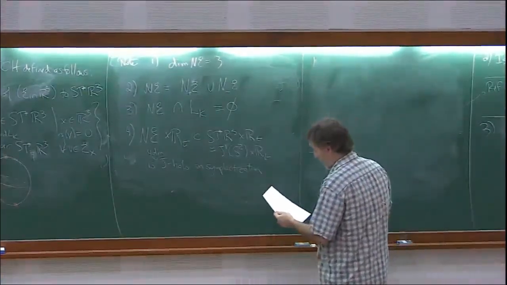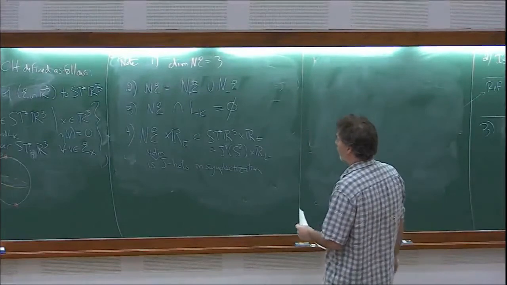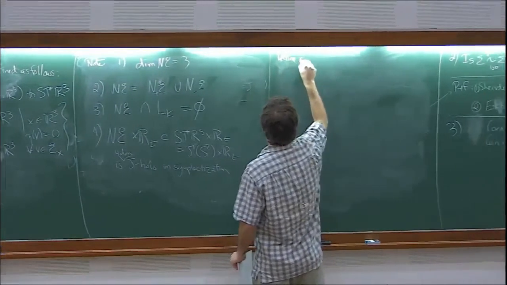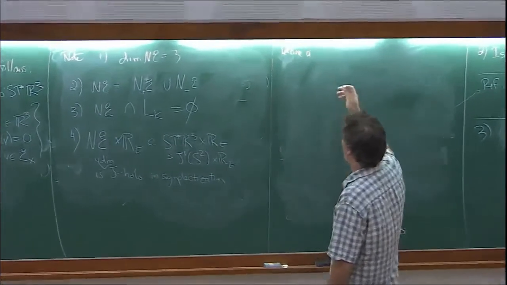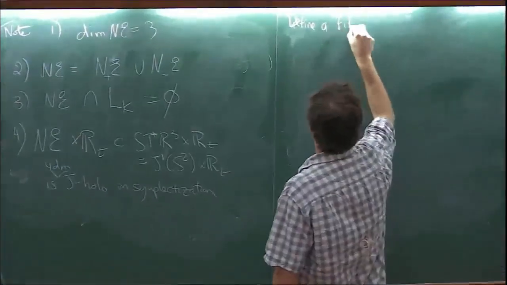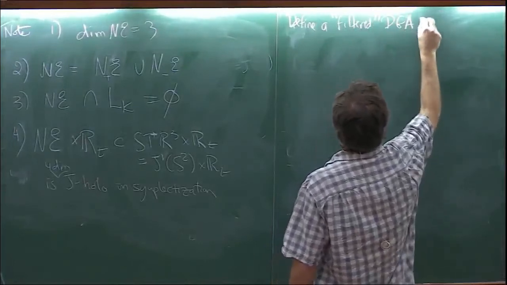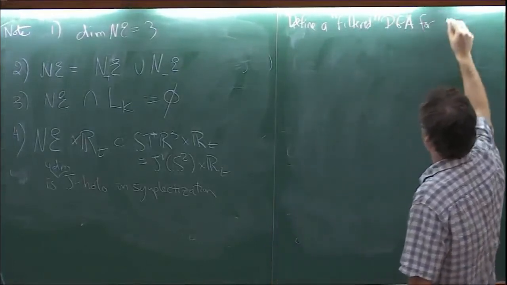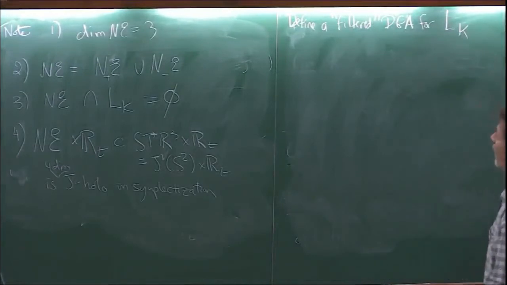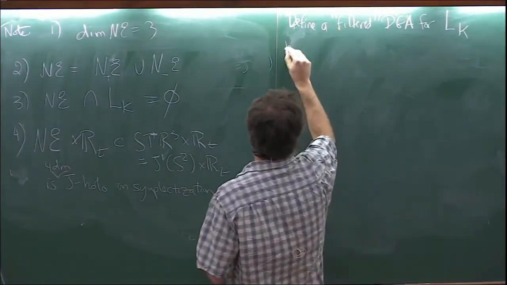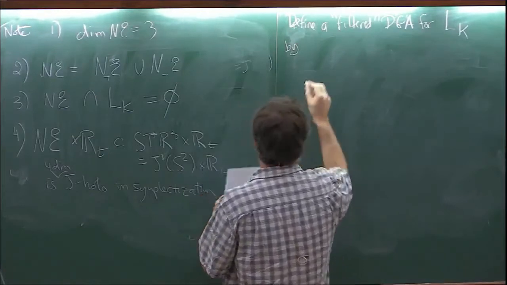Okay, so we're going to define now a kind of filtered version for the conormal lift of the knot. It's actually doubly filtered by the following. So I take dA.